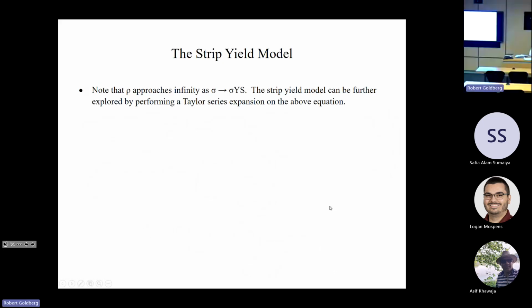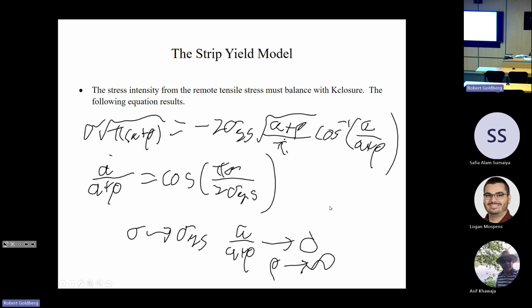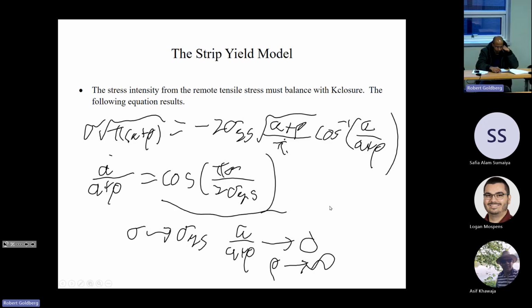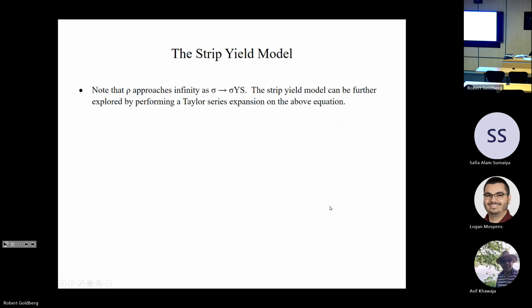Now we can explore this further by doing a Taylor series expansion. So we take our cosine, and if you learned somewhere along the way in calculus, you can always approximate trigonometric functions with a Taylor series expansion.